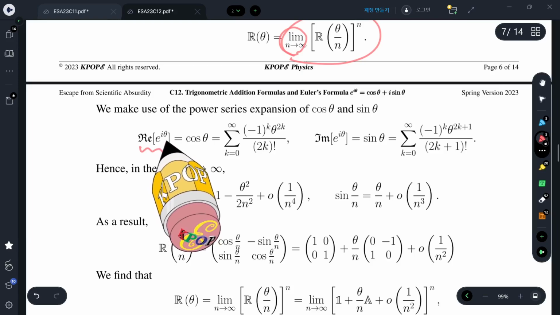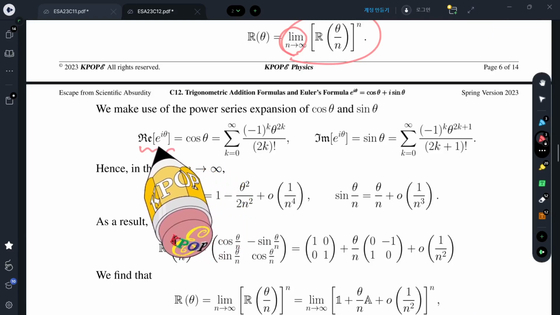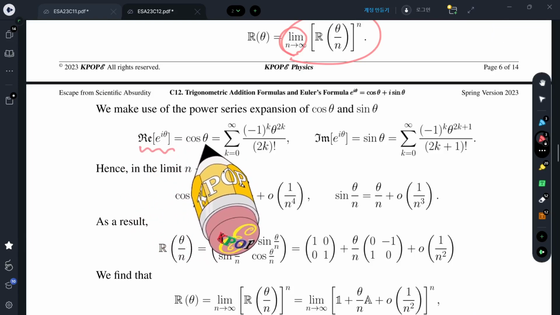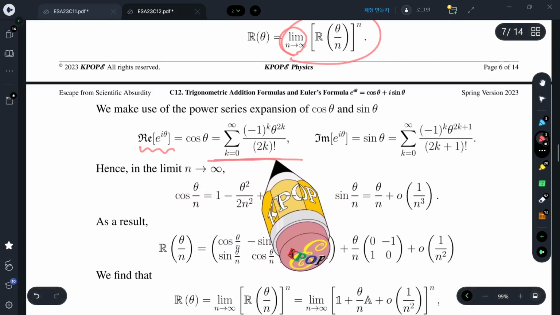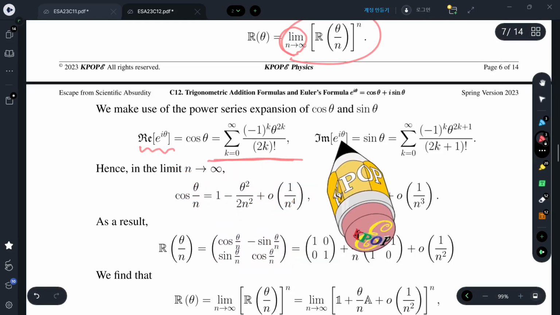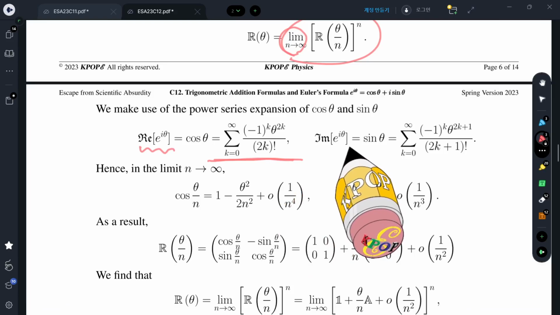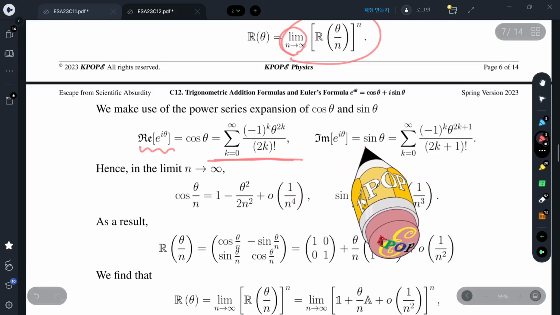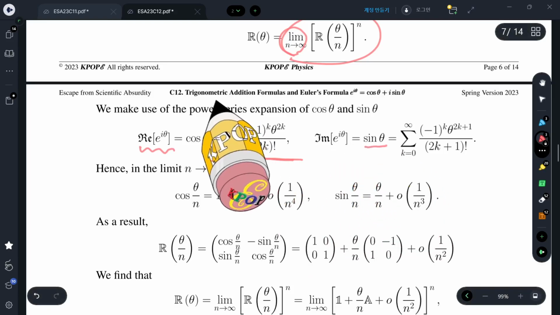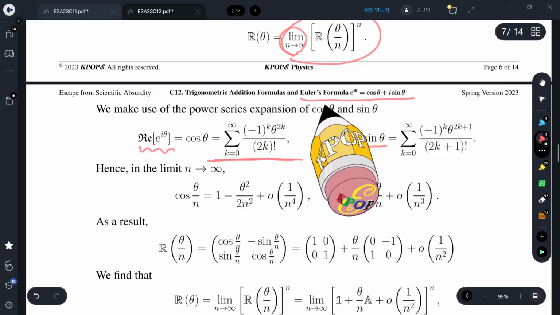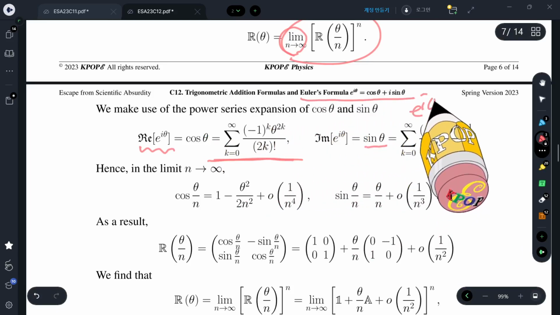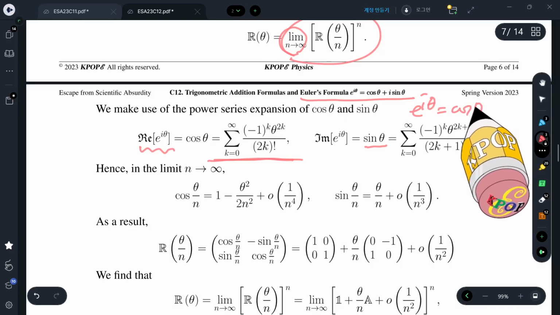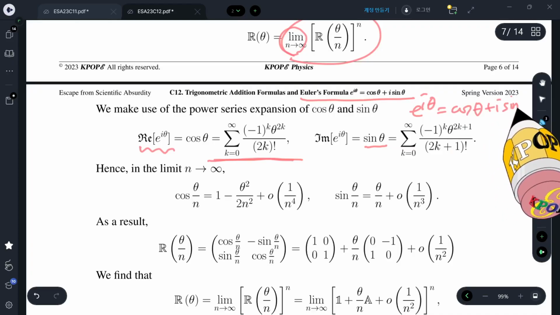the exponential e to the i theta, whose real part is the cosine, that has the expansion form. The imaginary part of e to the i theta is sine theta. Actually, this is Euler's formula: e to the i theta is cosine theta plus i sine theta.